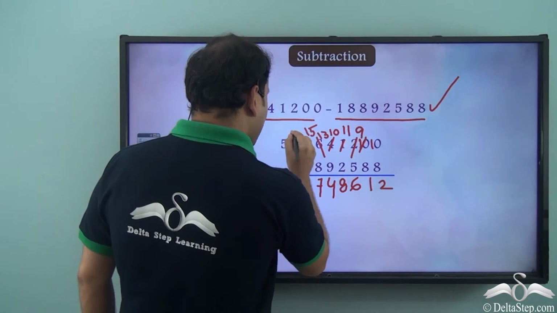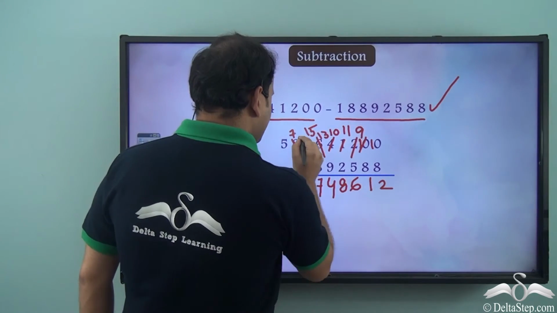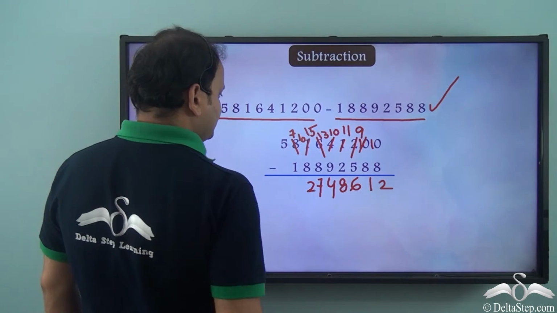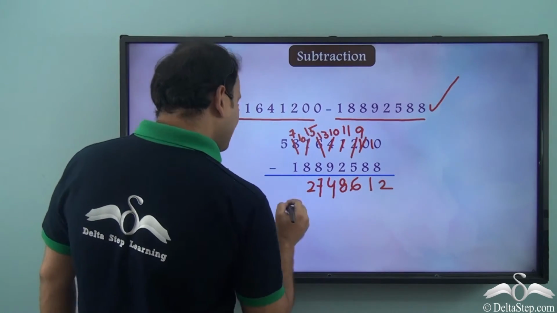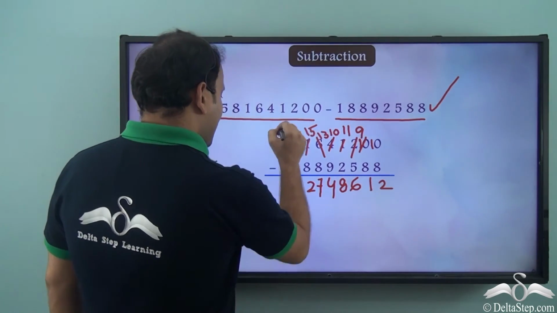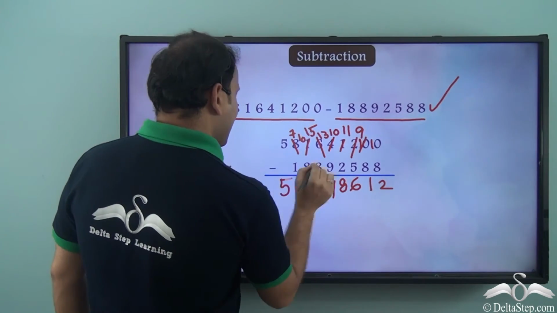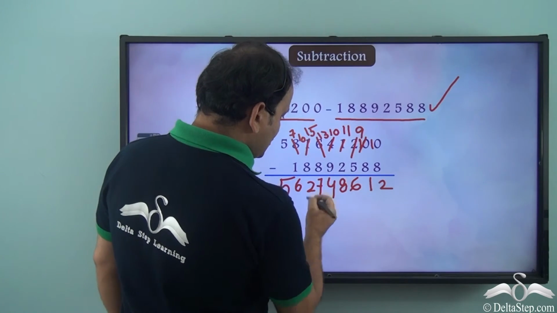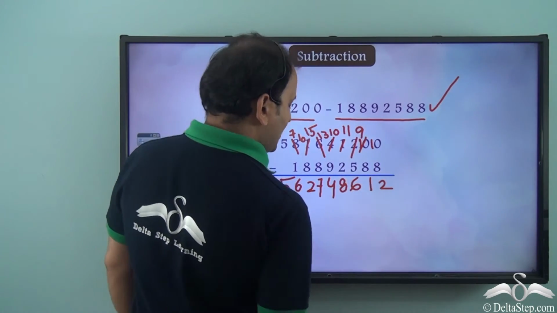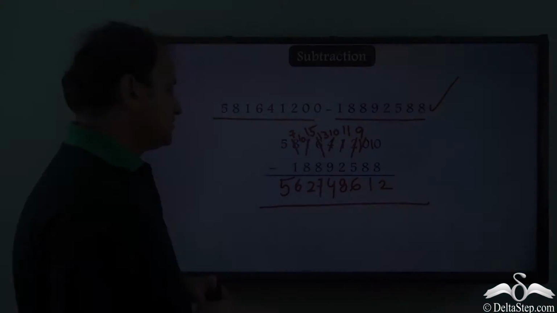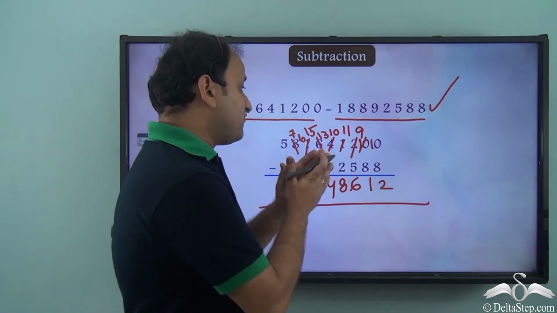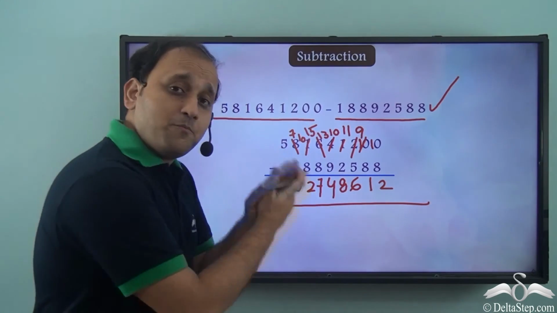So 8 will become 7 and this will become 10. Now 10 minus 8 is 2 and 7 minus 1 will be 6 and 5 will come down as it is. So what do we have? 5, 6, 2, 7, 4, 8, 6, 1, 2. So this is the final answer which we were able to obtain by performing subtraction with borrow.